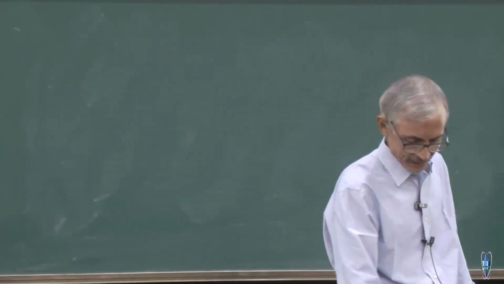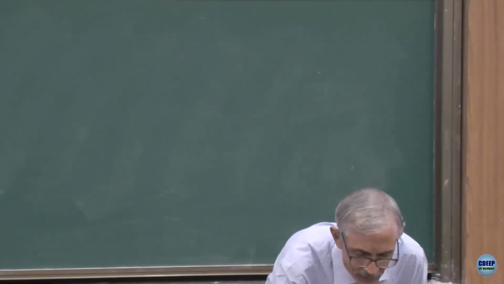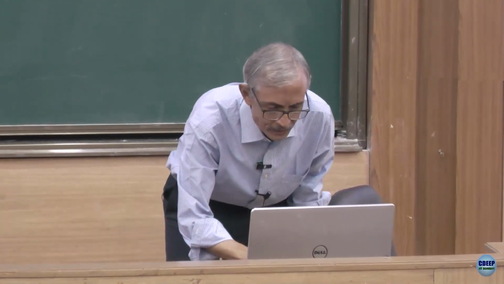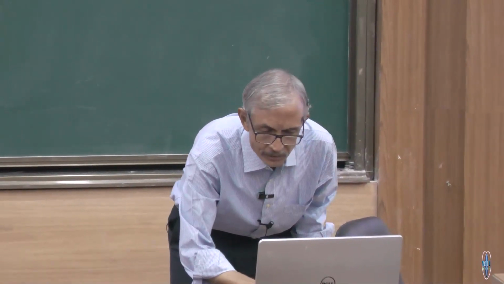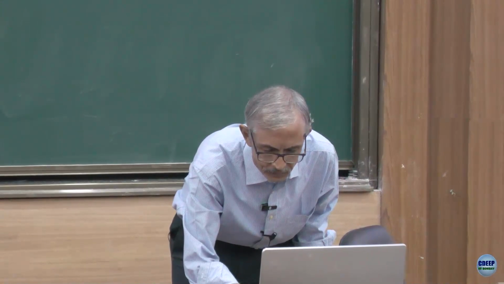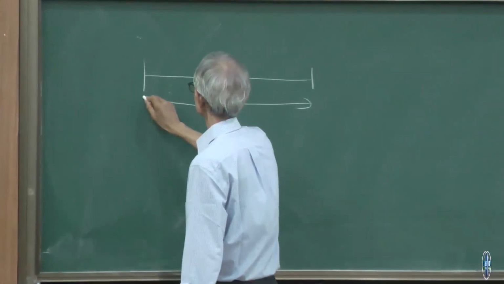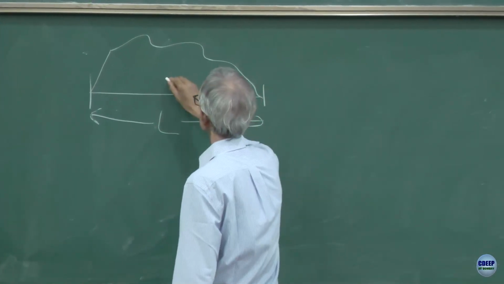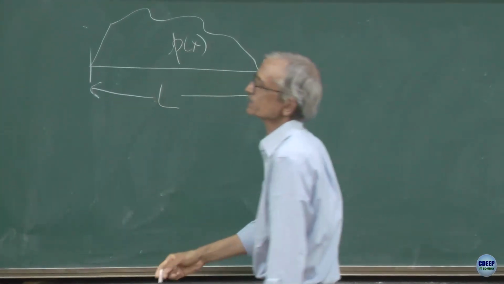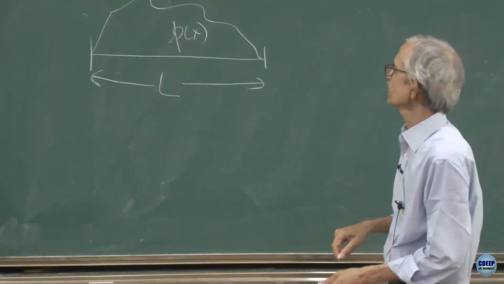Let's take one more case, which is similar, but a little messier than this particular case. So we had some kind of a domain, and this was L. At time t equal to 0, there was some p(x) that continues to be there.